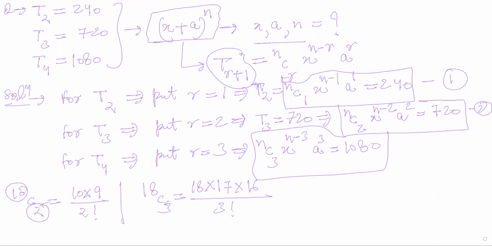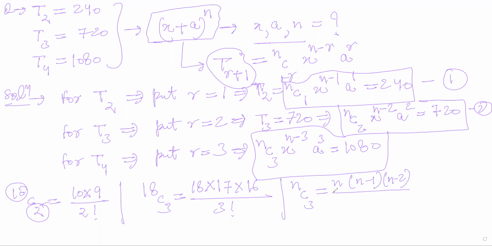Divided by the factorial of whatever is written below, 3 factorial. Similarly, in the same way, can you solve this for me? NC3. N into n minus 1 into n minus 2. Right. Correct. Just that? By 3 factorial.